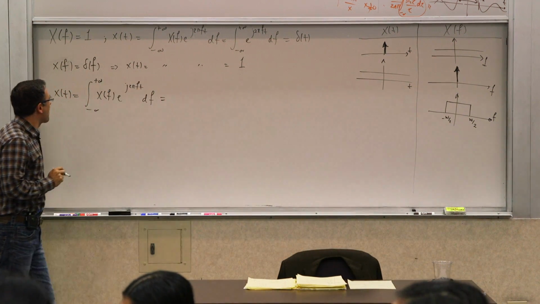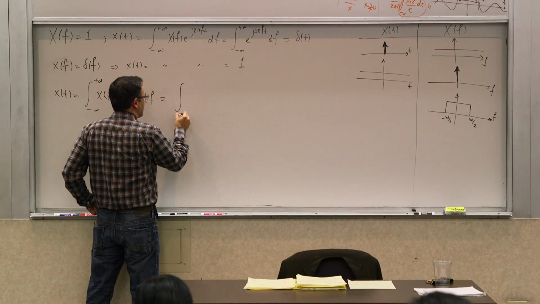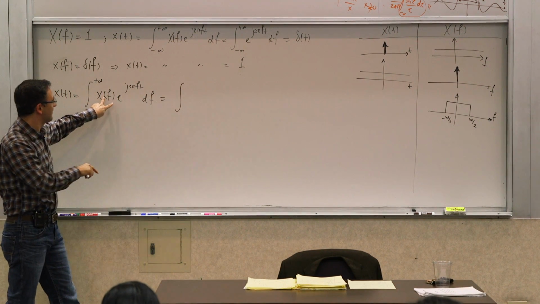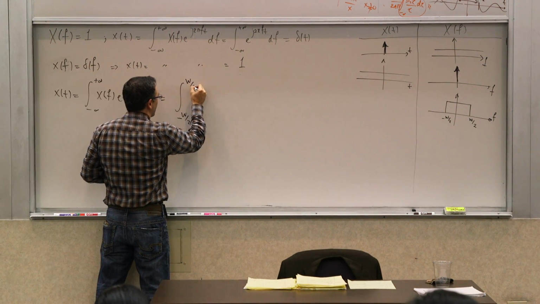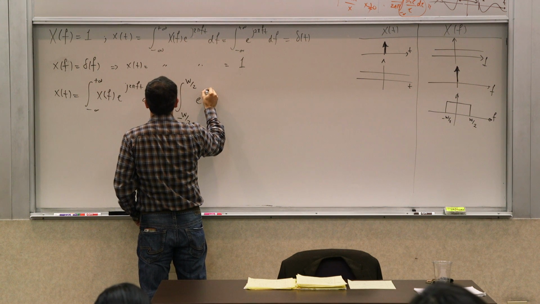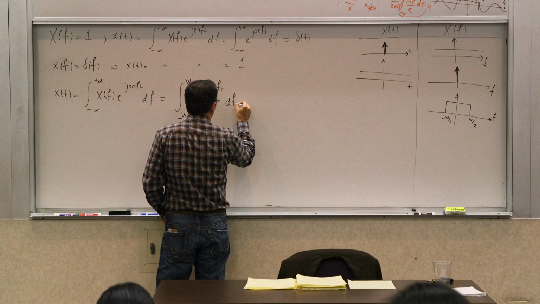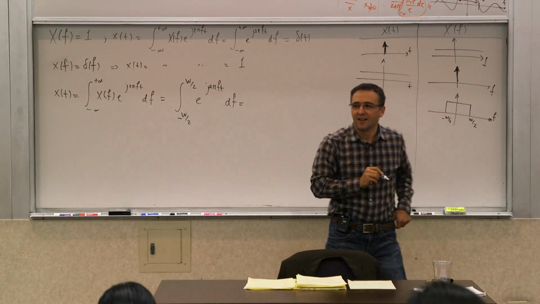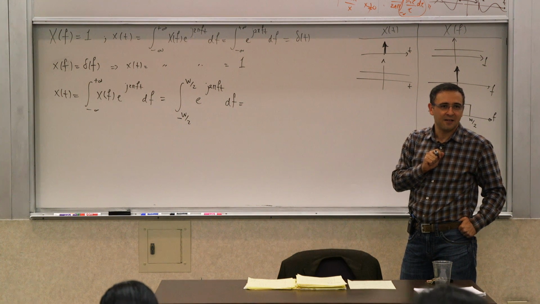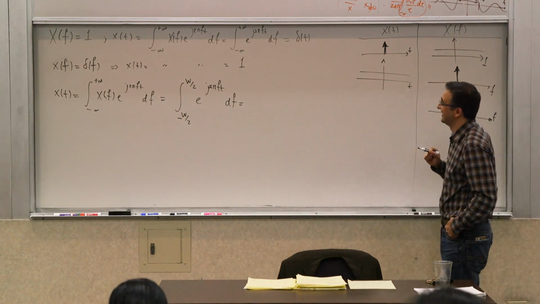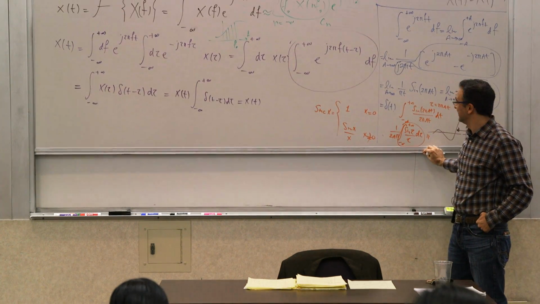So here's the thing. What is this integral? Obviously this function is 0 outside those limits, and it's going to be e to the j 2 pi ft df. Now, can we calculate this? You kind of already have. Can we be a little bit lazy and use this?